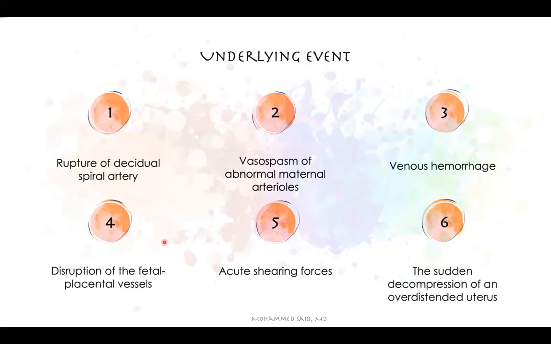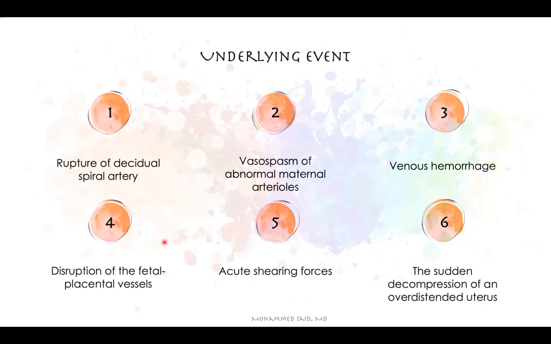So what are the underlying events? Why did this happen? Different causes. Maybe the commonest is rupture of the decidual spiral artery. We all know the blood supply is the uterine artery, and then the branching goes to the arcuate arteries, then the radial arteries, and then the spiral arteries, which are the terminal branches.